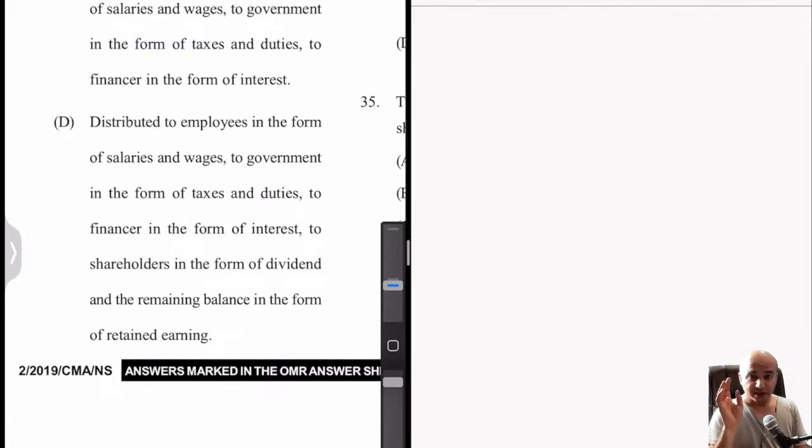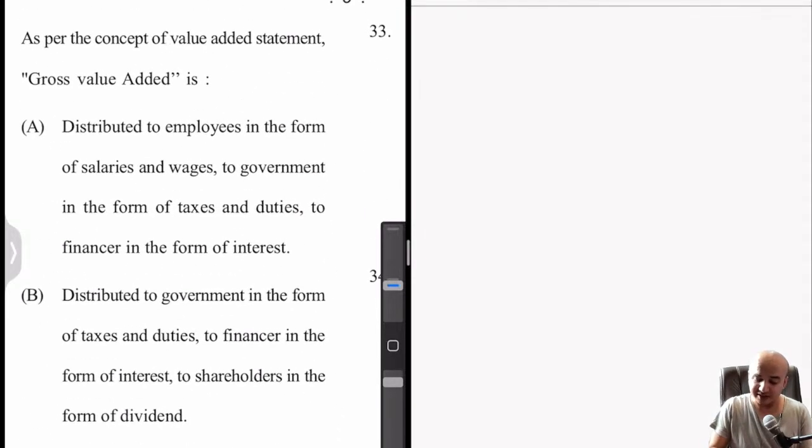Then lastly, distributed to employees in the form of salaries and wages, to government in the form of tax and duties, to financier in the form of interest, to shareholders in the form of dividend, and remaining balance in the form of retained earnings. So in this case, they have given a comprehensive explanation actually. In all the other options, if you notice, one or the other is missing.